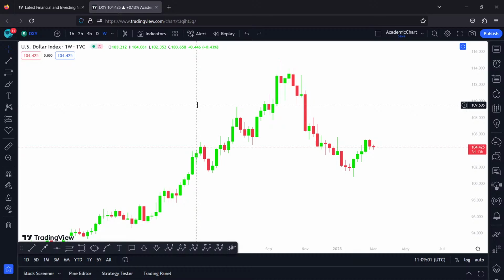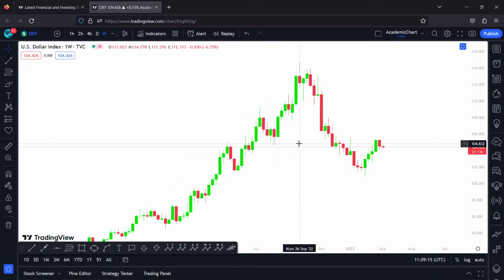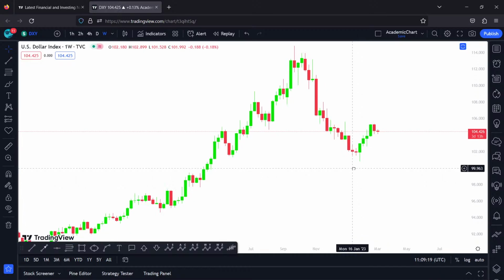In this method, I'm not using indicators around the chart. I'm just focusing on the price because it's a price action method. By looking at the price itself, I'm going to analyze utilizing technical analysis rules and tools.